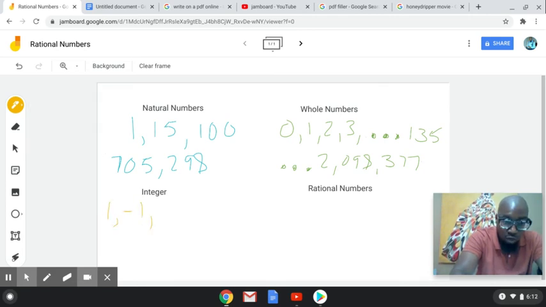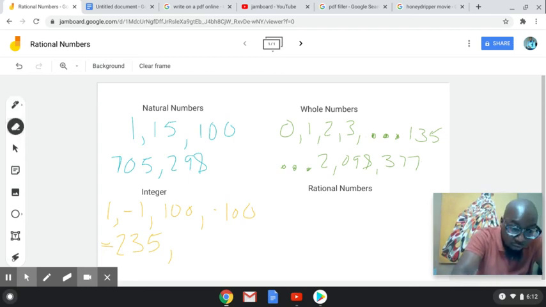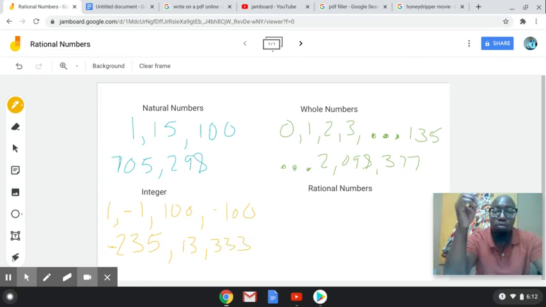You not only have 100, but you also have negative 100. You also have negative 235, and you also have positive 13,333. Okay.